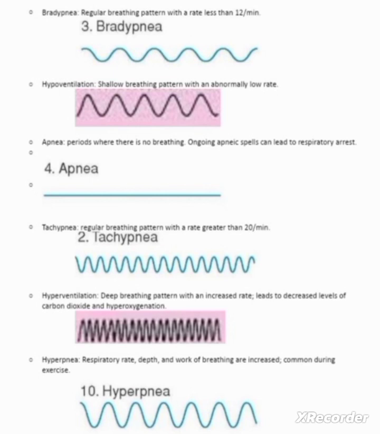The patient will take the breath in deeply, so that there will be a decreased carbon dioxide level and hyperoxygenation. So that is known as hyperventilation. This is the wave pattern of hyperventilation. Here the wave pattern is a deep breathing pattern.